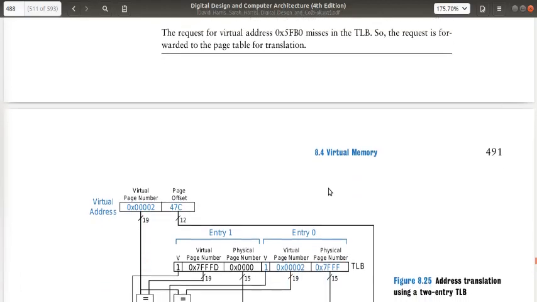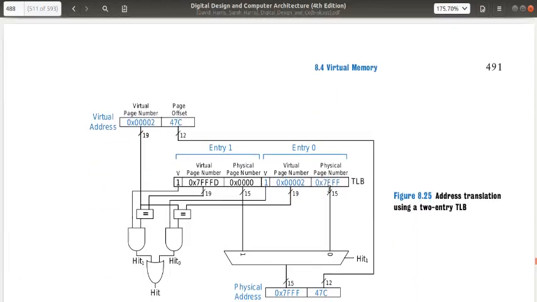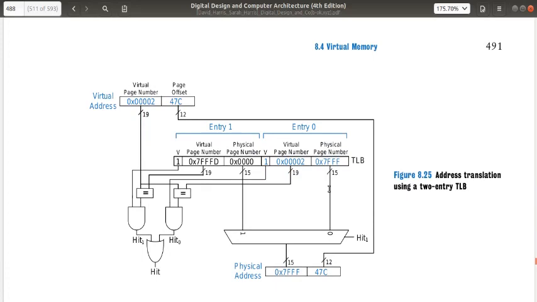So this is very much similar to a fully associative cache. There is no concept of a set here, so any virtual page number and the corresponding physical page number can be stored in any location. So this has only 2 locations, right? So how does it look? We have the virtual page number 0x00002 and the virtual page number 0x7ffd.